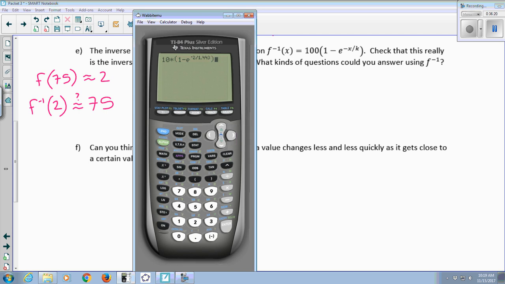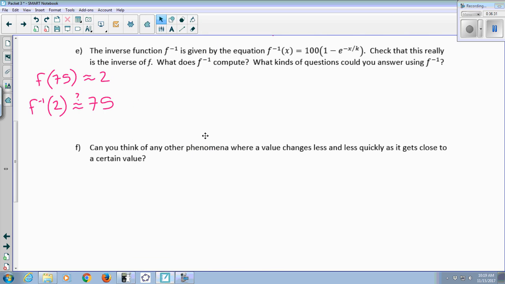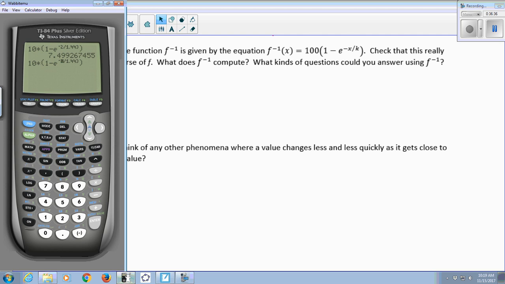Okay, so this should give me about 75. Oh, I only typed 10 times and not 100 times. Typo in my formula. Oops. Come back, calculator. 100 times. And there, I get very close to 75, so it works.